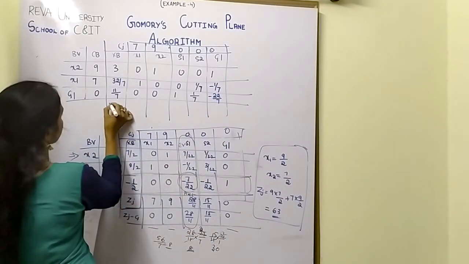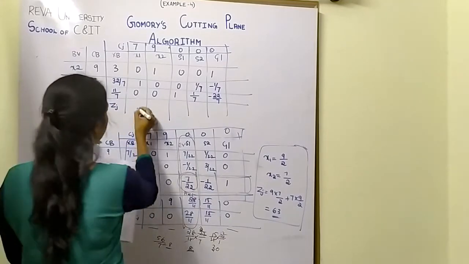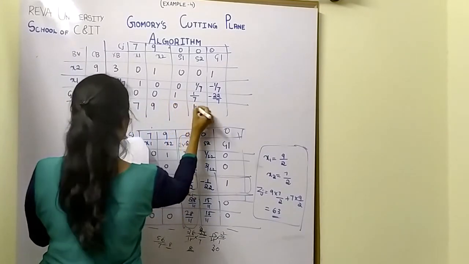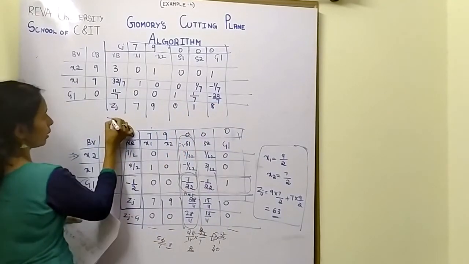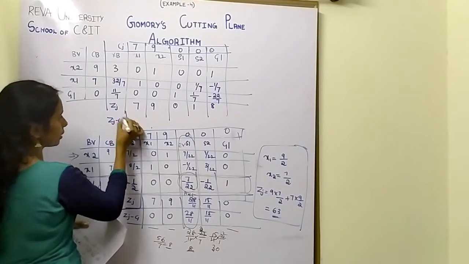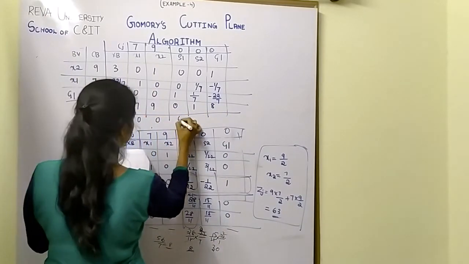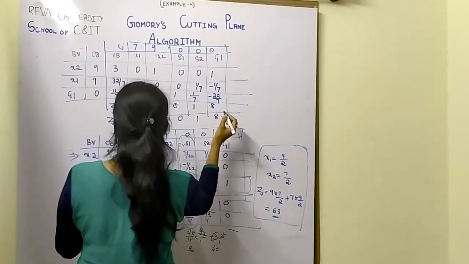Find out the Zj value. You will get 7, 9, 0, 1, 8. Find out the Zj minus Cj value. You will get 0, 0, 0, 1, 8.